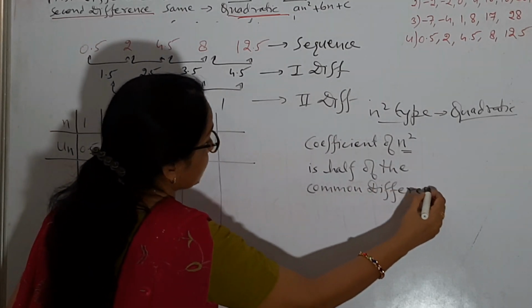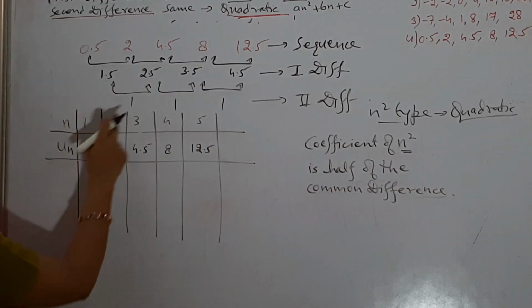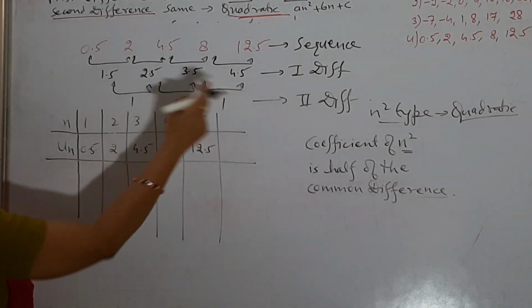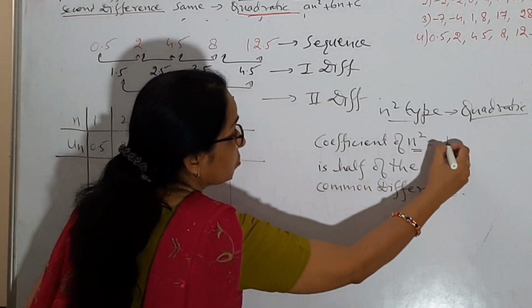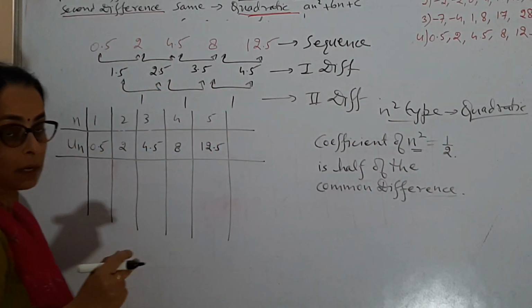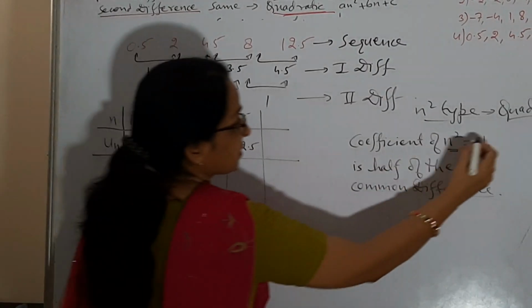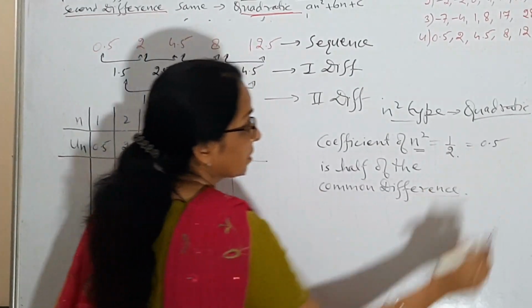So since our common difference is 1, the coefficient of n square will be equal to half, because half of 1 is half, or we can say it is 0.5.